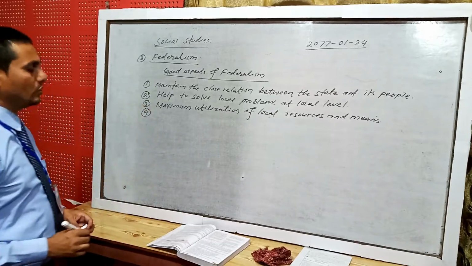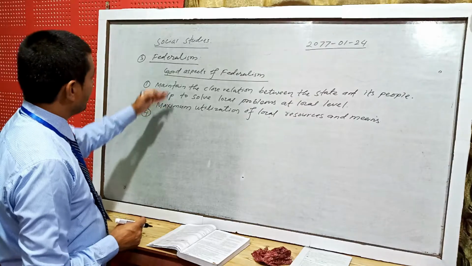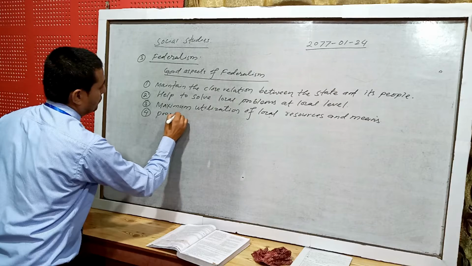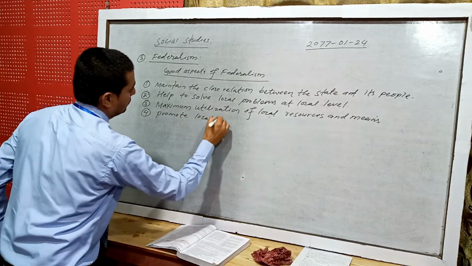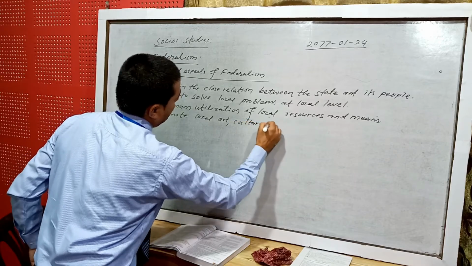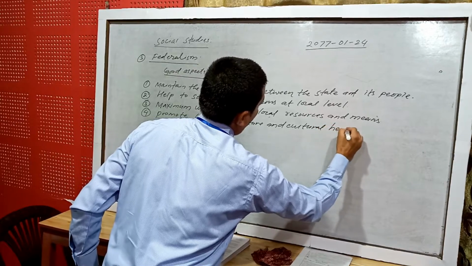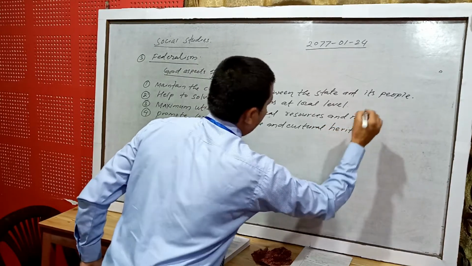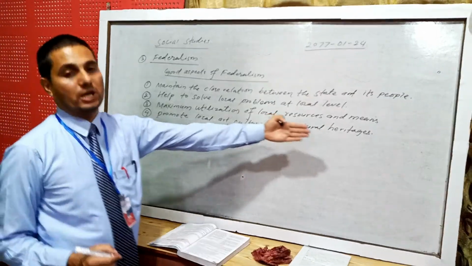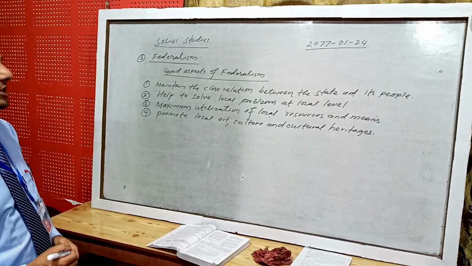Similarly, the next good aspect, or advantage, of federalism is to promote local art, culture and cultural heritage. This is another important good aspect of federalism.